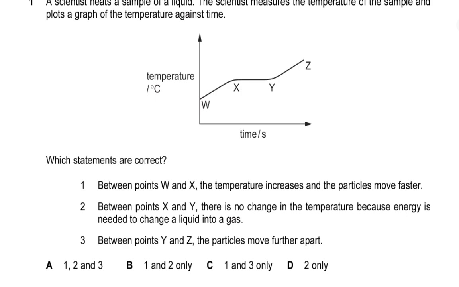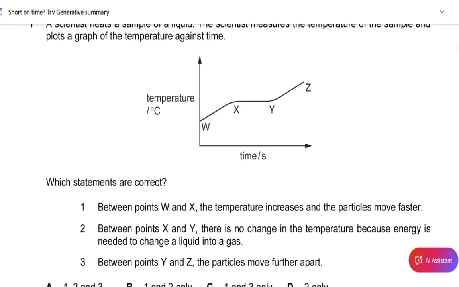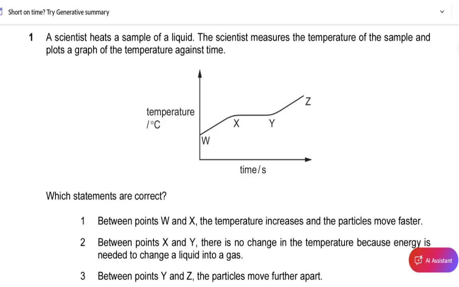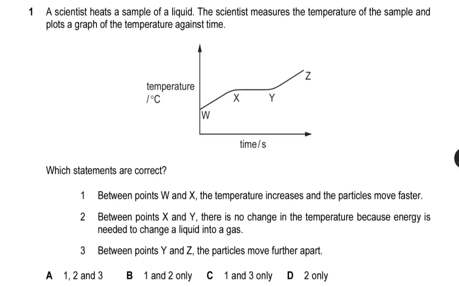So let me check the options. Statement 1: between points W and X the temperature increases and the particles move faster. Yes, obviously. Basically, what will you deduce from this statement?